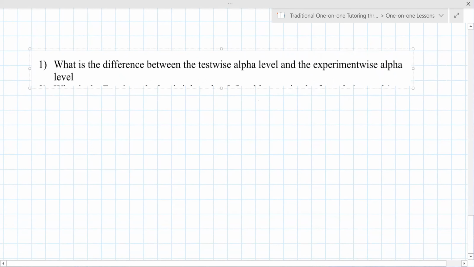What is the difference between the test-wise alpha level and the experiment-wise alpha level? I'm just going to look up here in the notes and see if there is an explanation or I can provide my own. I don't see one. An ANOVA is used when you're comparing more than two groups.